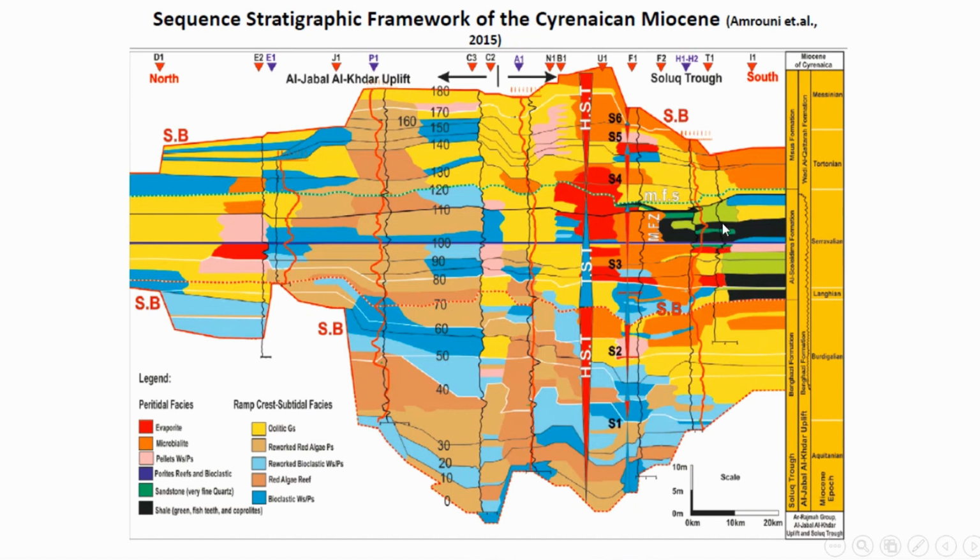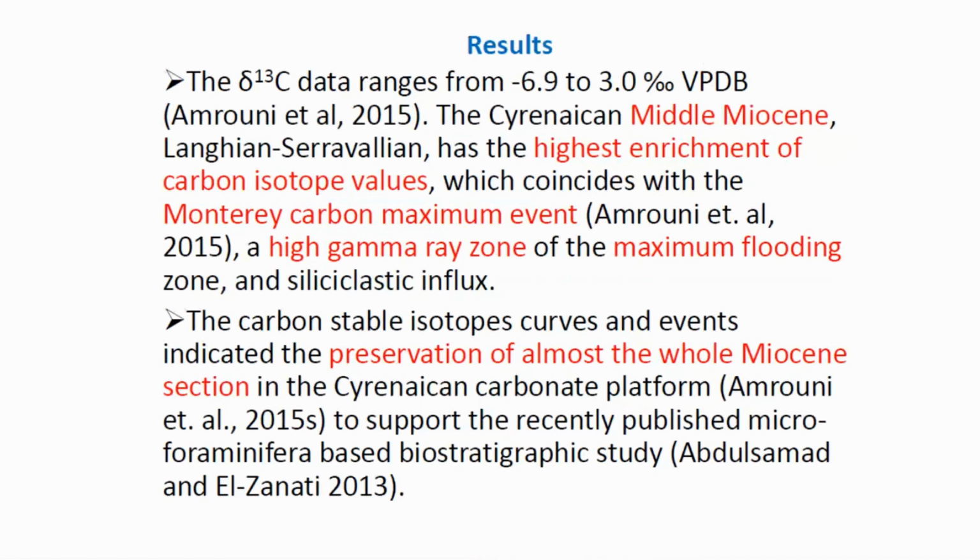You see high gamma ray associated with high carbon excursion. So the Cyrenaican middle Miocene has the highest enrichment of carbon isotope values, a high gamma ray zone, and a maximum flooding zone.